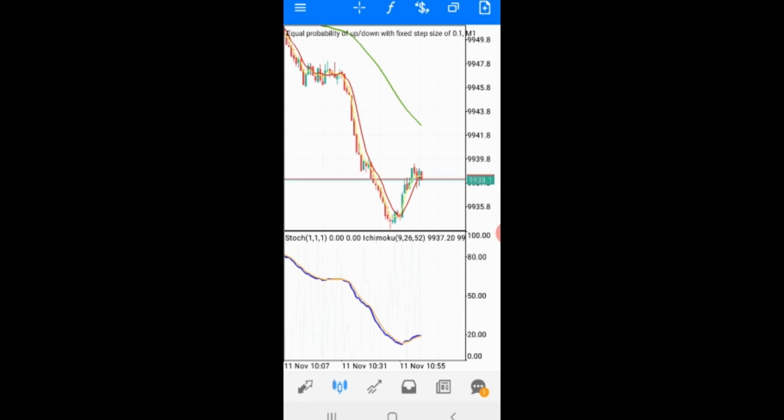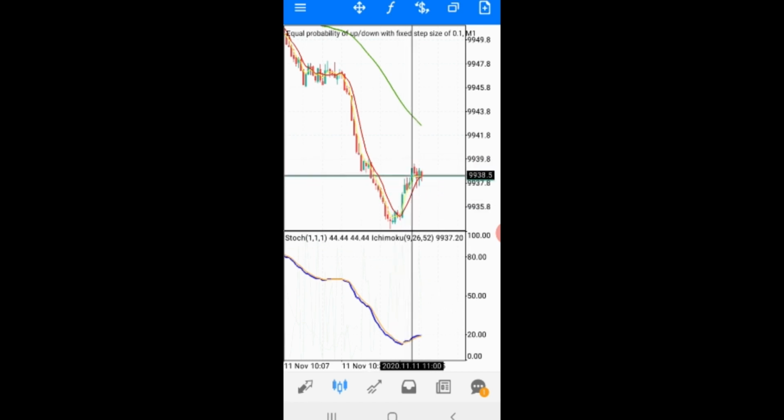So now this market is going to consolidate from this point. This is the 50, right? Look at point 50. The market is here at 50. So you can go out, because this market is going to consolidate now.